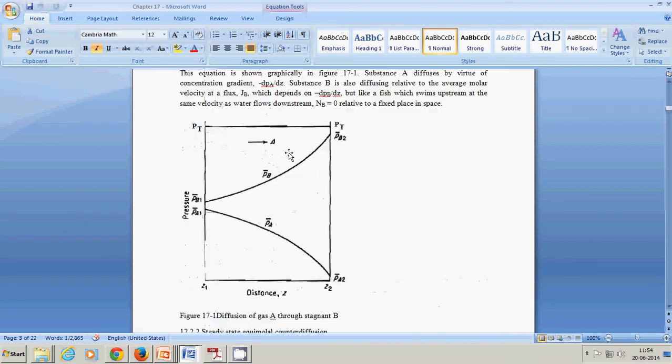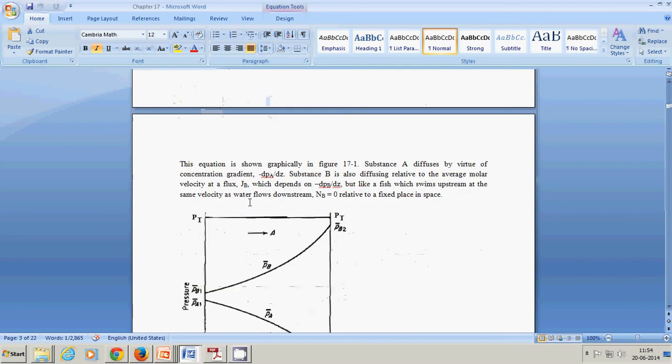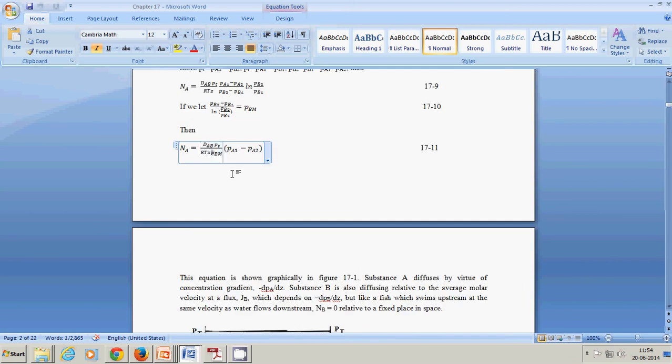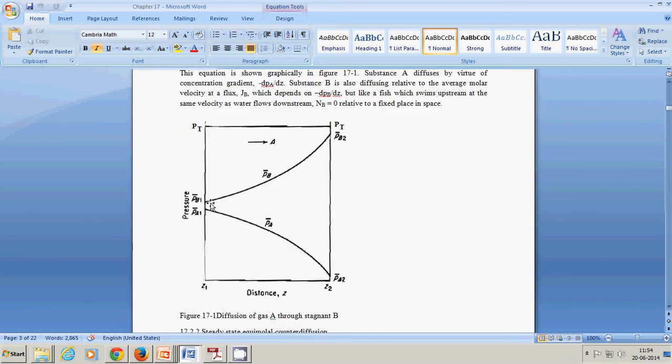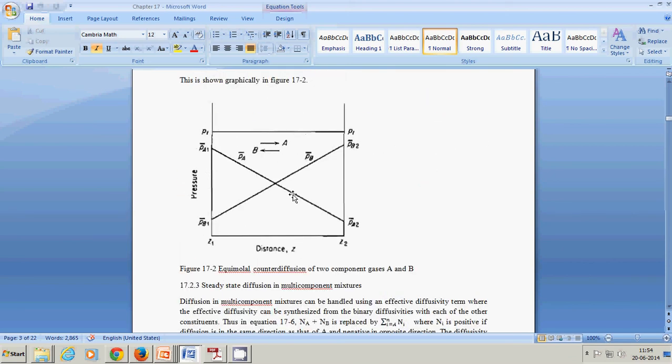Whenever a gas is diffusing through another stagnant gas, the partial pressure profile versus distance is as follows. PBM comprises a logarithmic term, hence this is a non-linear graphical representation.